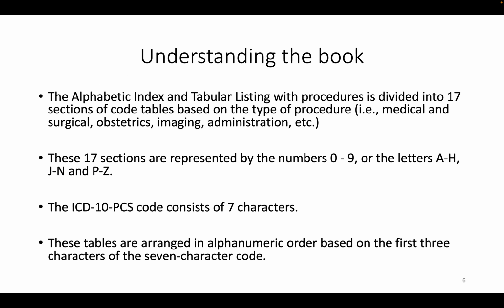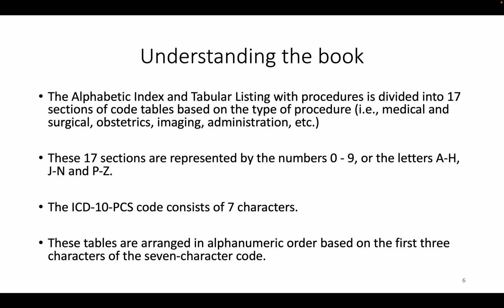Okay, first let's look at your book. Let's understand this book. In your coding book, your PCS book, there are 7 characters that represent a full code. All 7 characters must be specified to be a valid code. If the documentation is incomplete for coding purposes, the physician should be queried for the necessary information that is missing.